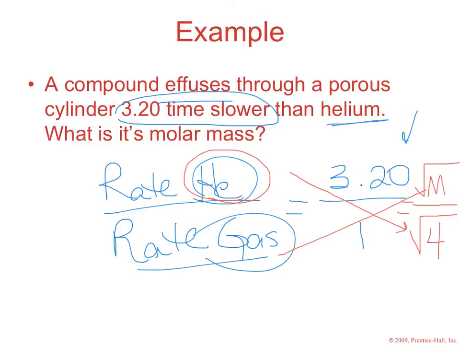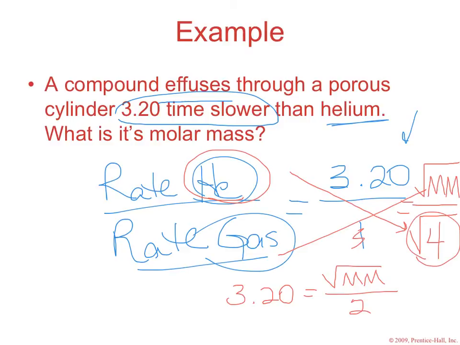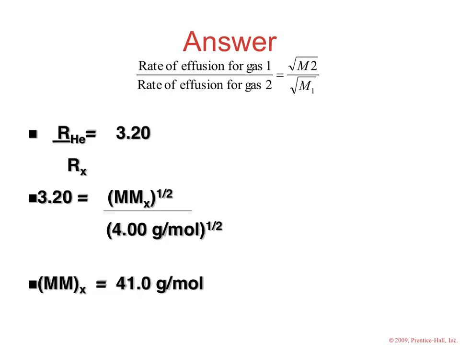That is what I'm solving for, so I'm going to put that there. If I were to rewrite what I know so far, it would be 3.20, I'm just going to leave off the 1, equals the square root of the molar mass of the unknown gas over the square root of 4, which is simply 2. Then I would just solve for the molar mass of the unknown gas, which I'll do on the next page.